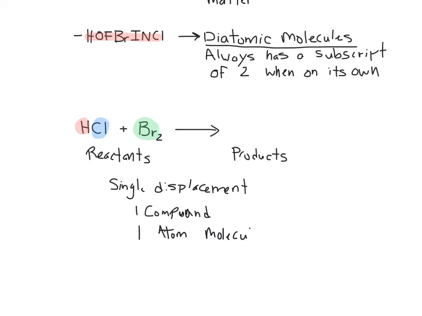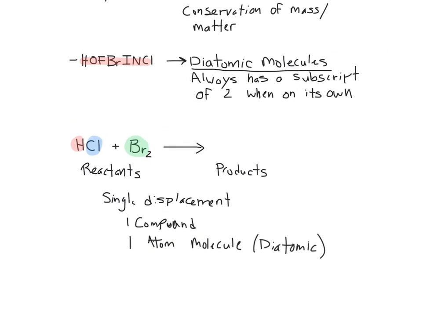And this molecule will almost always be a diatomic. So when switching, I know that like replaces like. Chlorine has a charge of -1, bromine has a charge of -1, so those two are going to have a little swapsies. So we have HBrCl.